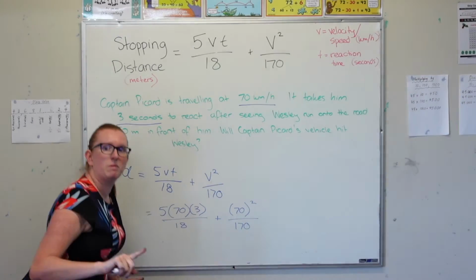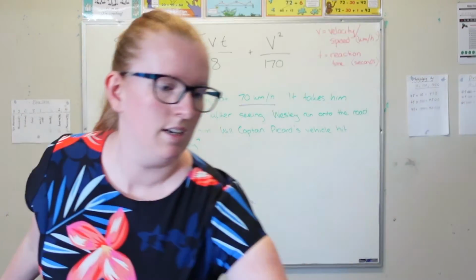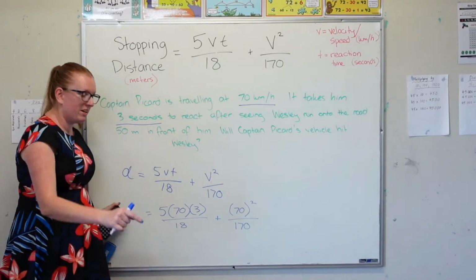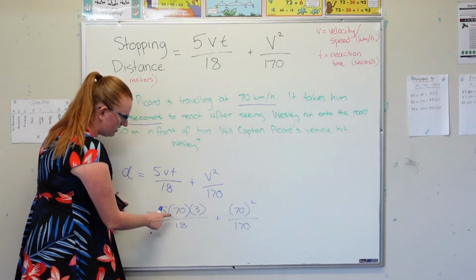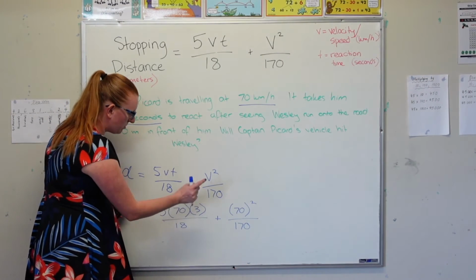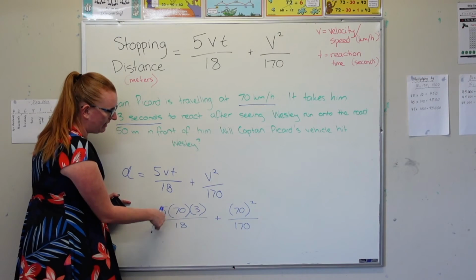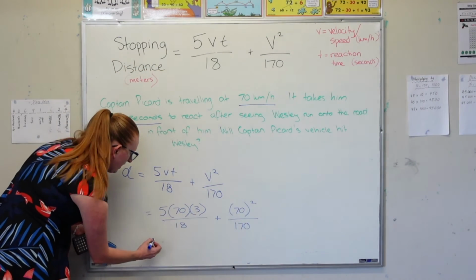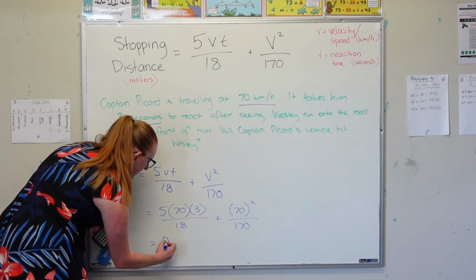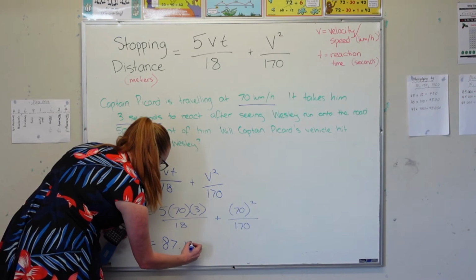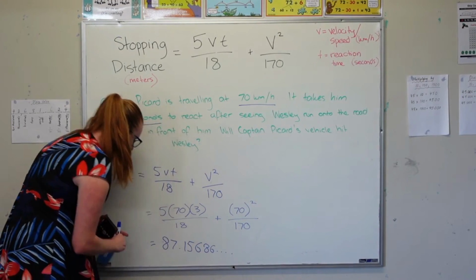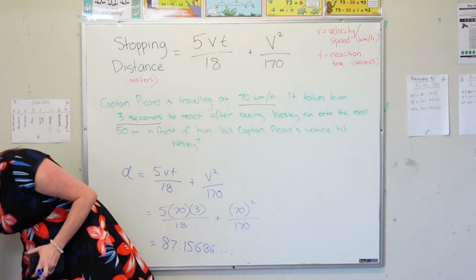I'm going to type this into my calculator, remembering that this means multiplied. So this would be 5 times 70 times 3, then divided by 18, and then I'm adding that to 70 squared divided by 170. Type it into my calculator and I get 87.15686, yada yada yada. I'll cut it at 2 decimal places.